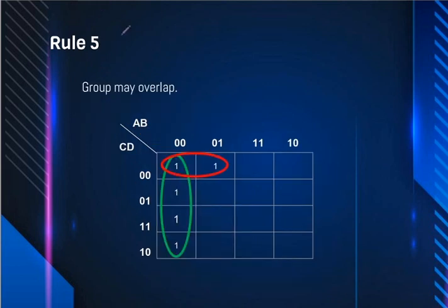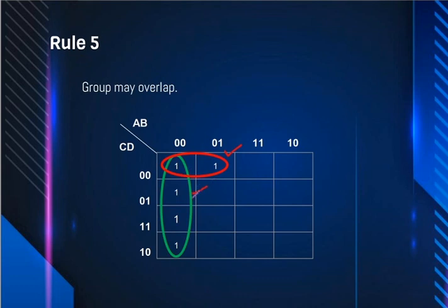Rule 5. Group may overlap. What is overlap? Overlap means when we are grouping, 2 groups can be combined, not in the sense of combining all the variables, but just overlapping with the variables. For example, in this we make 2 groups. One group is for these 2 variables and one group is for these 4 variables.